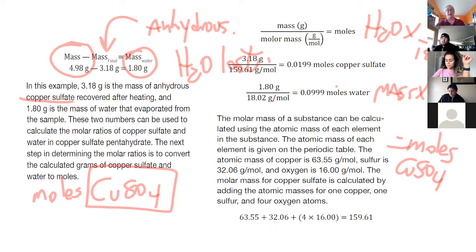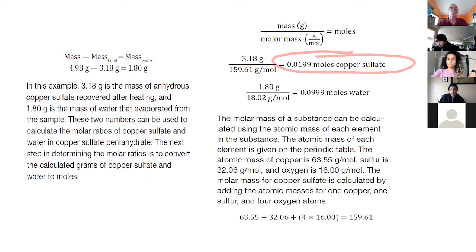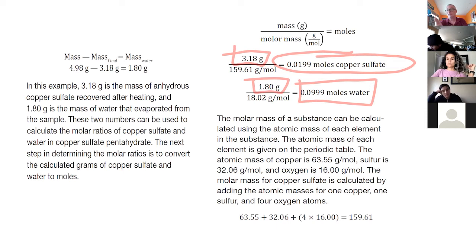So at the end of this calculation, we have moles of copper sulfate, how many moles are left in our anhydrous mass of salt, and then we convert our mass of water to moles. Then we have a ratio of copper sulfate to water. Once we have that ratio, we basically have our formula for the hydrate.